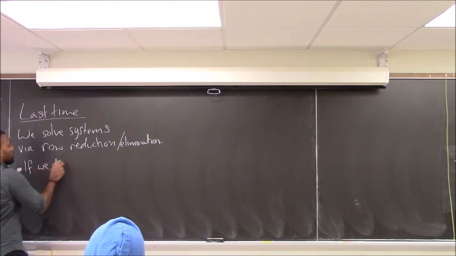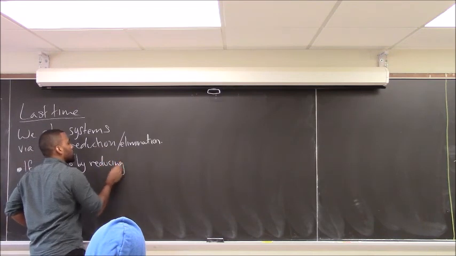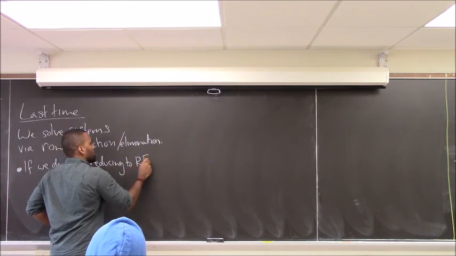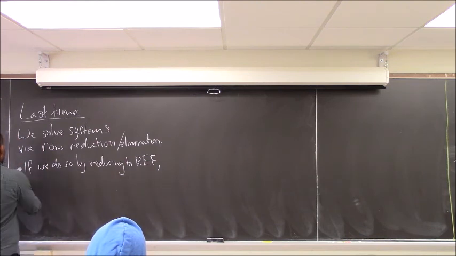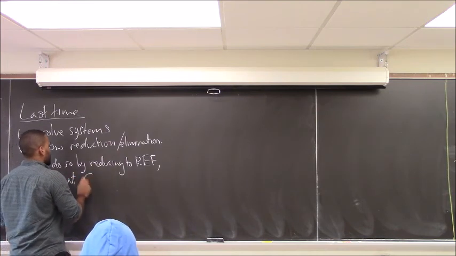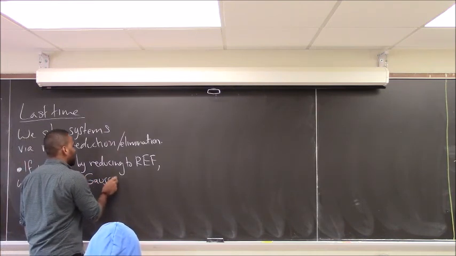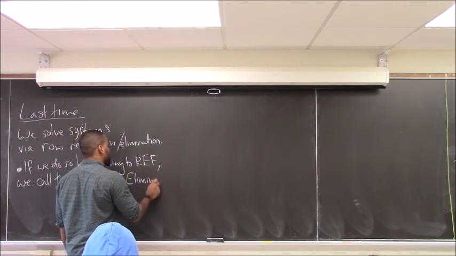If we do so by reducing to REF and then back substituting to find our answer, we have a name for that. We call that Gaussian elimination, named after, of course, the German mathematician.